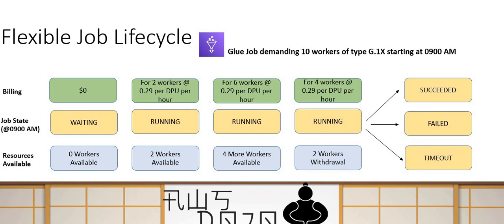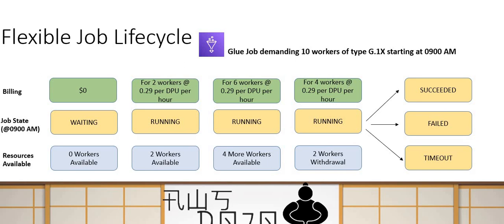You took a longer time to execute the job, and you might not finish within the configured timeout time. Then your job will not finish and it will time out. So the third outcome is it can time out if your job could not finish in the given configured time for the Glue job. So that's how the life cycle of the job looks.